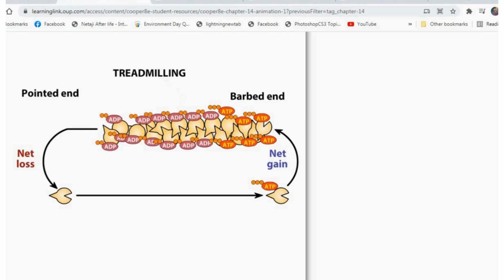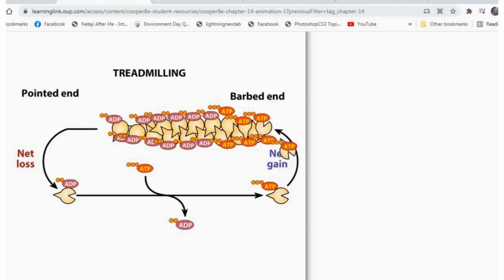Remember, ADP bound actin, which is primarily at the pointed end of the filament, dissociates more readily from the filament than ATP bound actin.